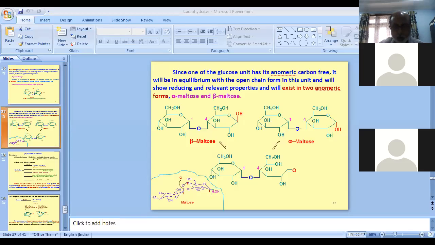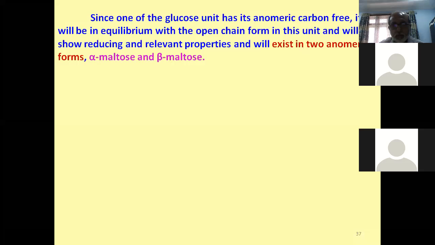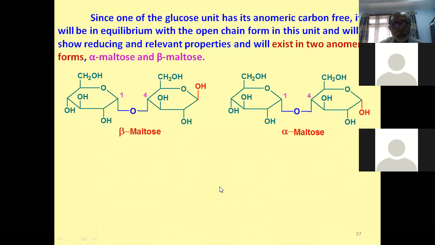Structure of maltose. Now, when you see the structure of maltose, C1 of one glucose is linked to C4 of the second glucose, but in the second glucose, this anomeric OH group is free.